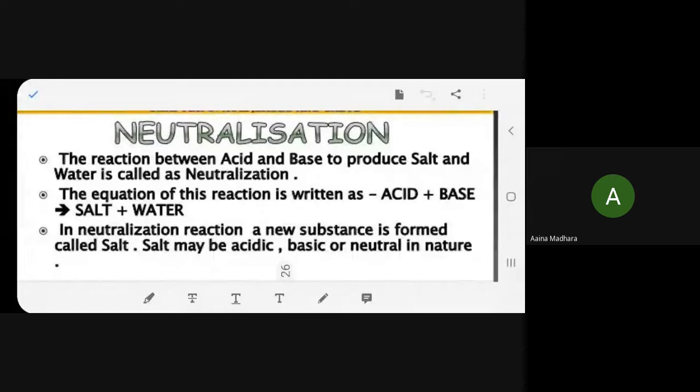Say with me: neutralization. Well done. The equation of this reaction is written as acid plus base gives salt plus water. In a neutralization reaction, a new substance is formed called salt. Salt may be acidic, basic, or neutral in nature.